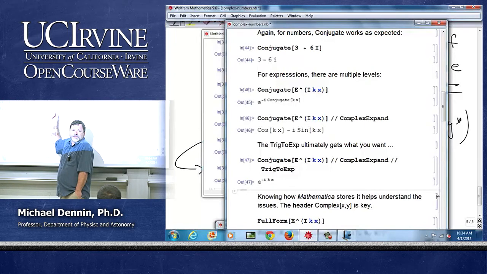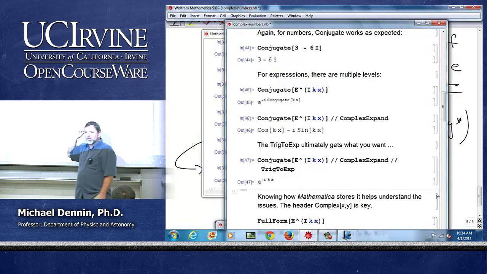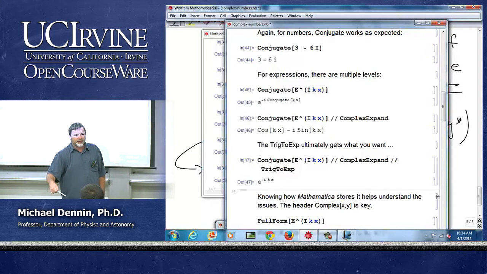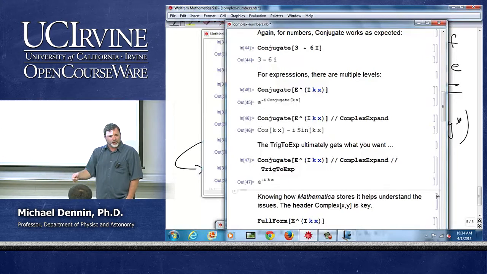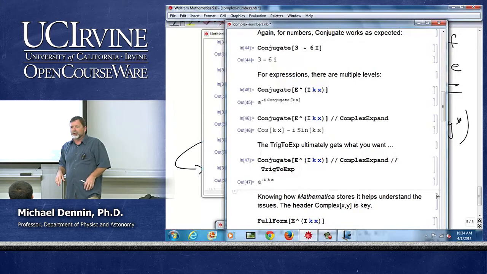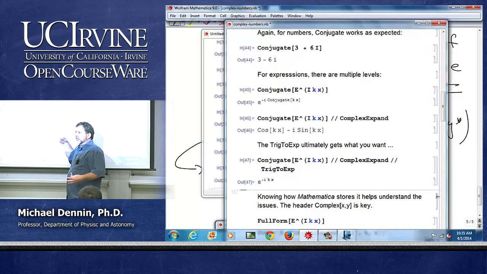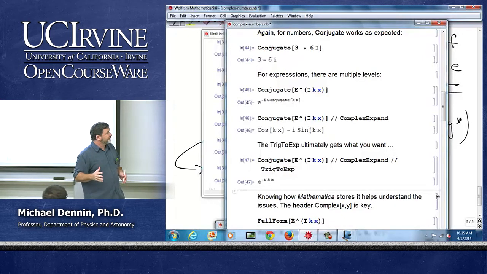It's just applying complex expand once to whatever your expression is, trig to exponential once to whatever your expression is, and all the algebra is still done for you. So once you get more and more algebra, this doesn't get any harder, assuming you can type the initial expression without any typos. But for very simple things, it does look a little cumbersome. So again, that's the warning in Mathematica.